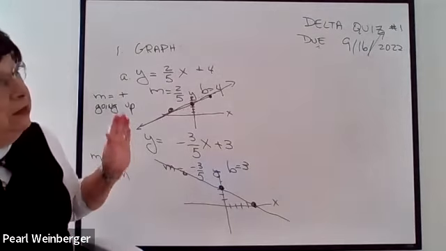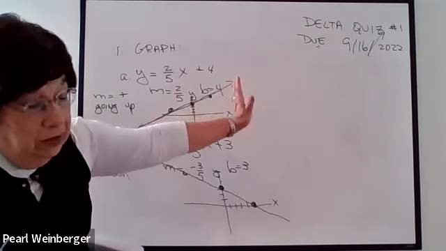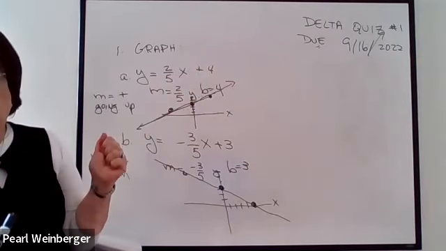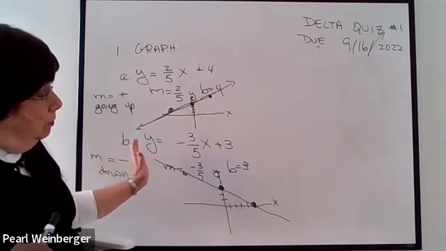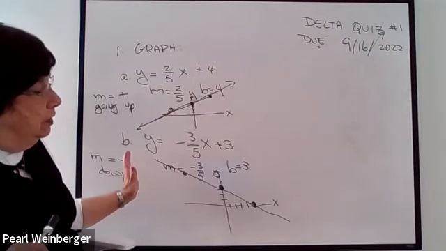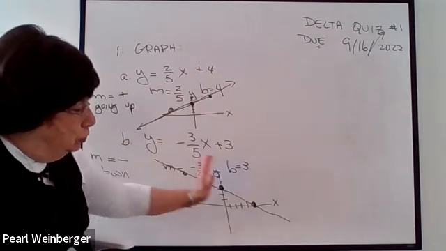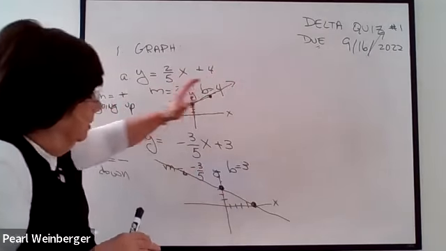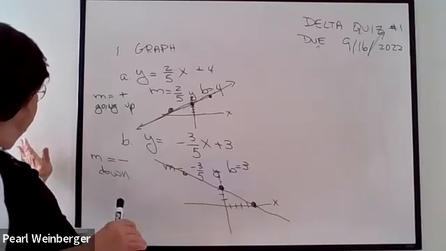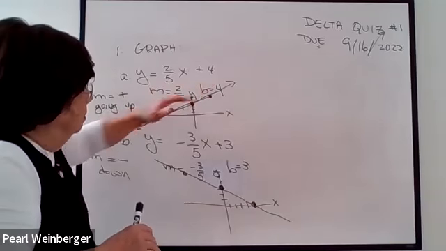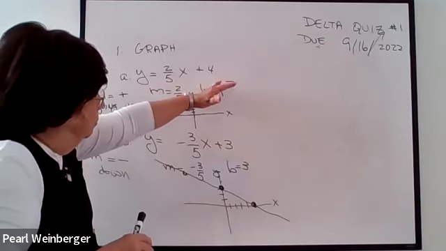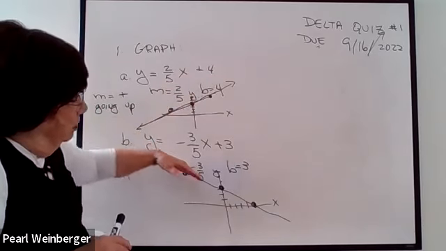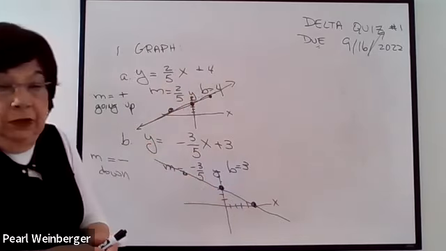If the slope is positive, as I go from left to right, I'm going up. If it's negative, I'm going down. We're always starting on the left and moving to the right. On a positive slope, we're rising. On a negative slope, we're going down.